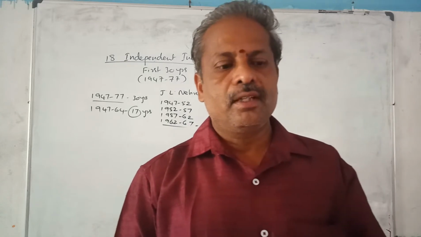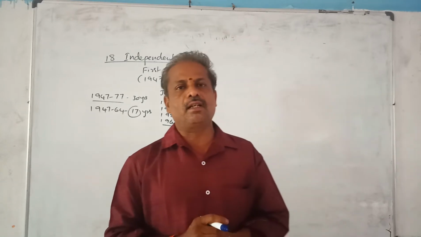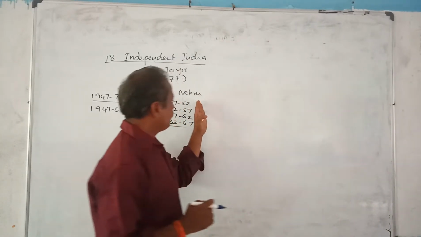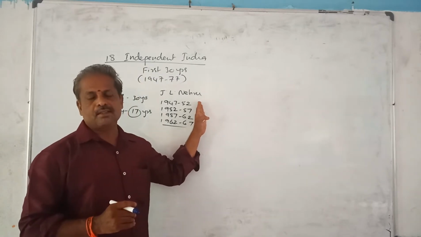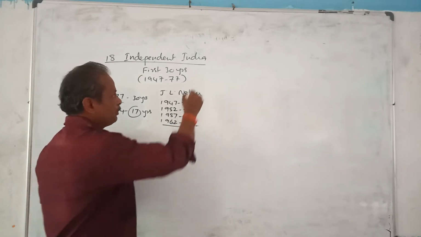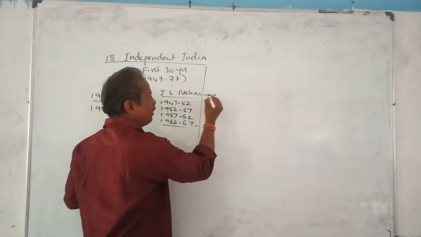If we see, no CM, no Prime Minister worked nearly 17 years except our Jawaharlal Nehru, who worked as Prime Minister of India nearly 17 years. So in this time Jawaharlal Nehru contributed a number of reforms.